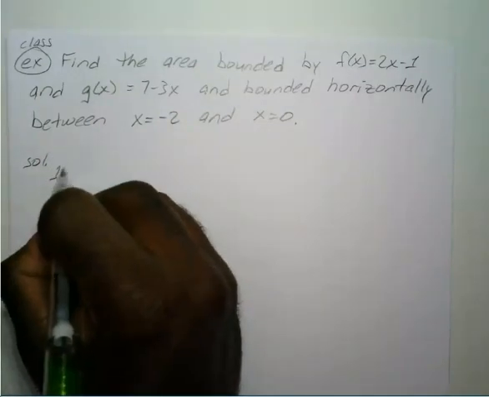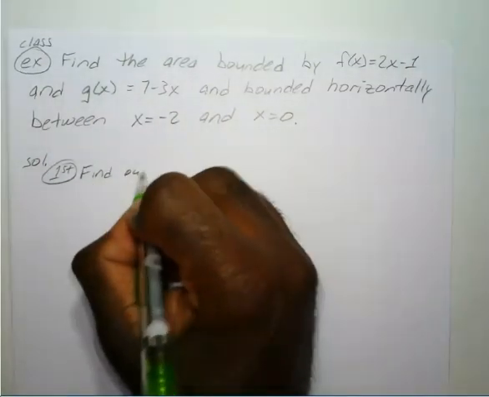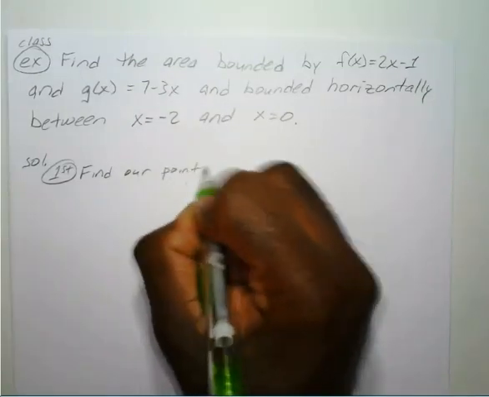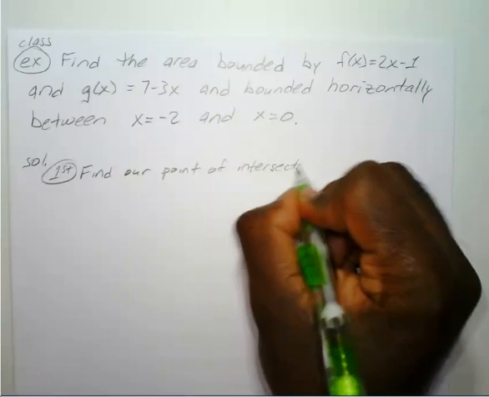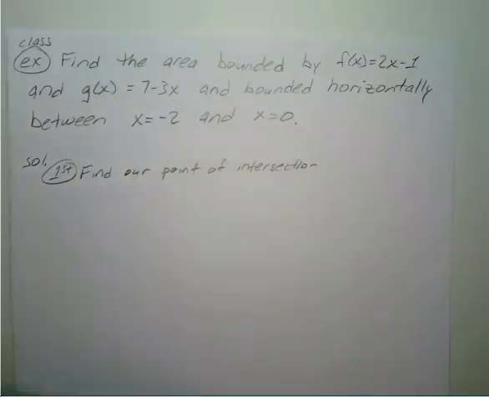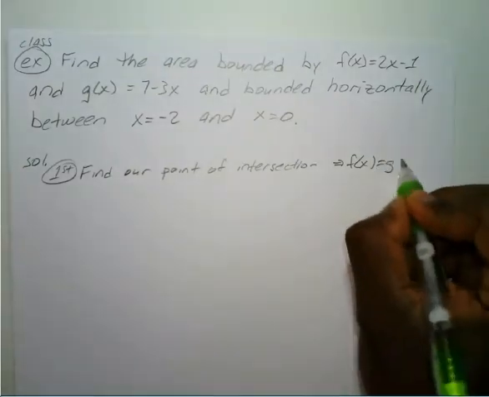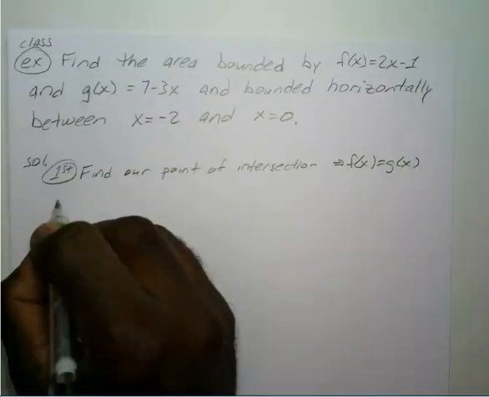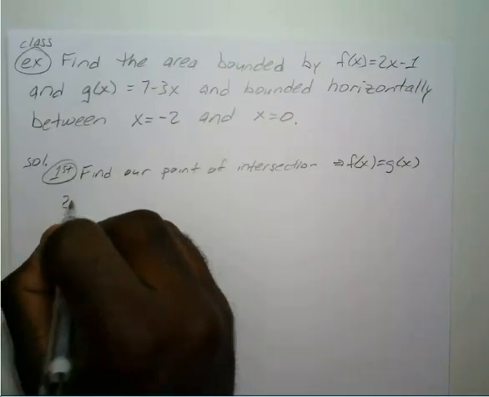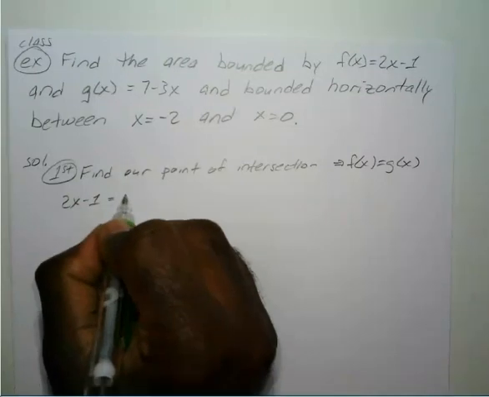Okay, so first thing we want to do is find our point of intersection. We do that by making f of x equal g of x. So that means you have 2x minus 1 equals 7 minus 3x.